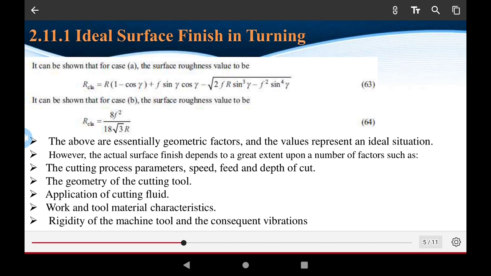However, the actual surface finish depends to a great extent on a number of factors: the cutting process parameters of speed, feed and depth of cut, the geometry of the cutting tool, application of cutting fluid, the work and tool materials, and the characteristics of the machine tool, such as vibration in the machine operation.